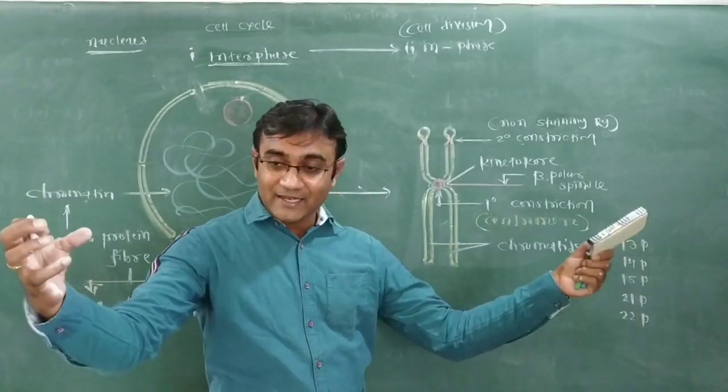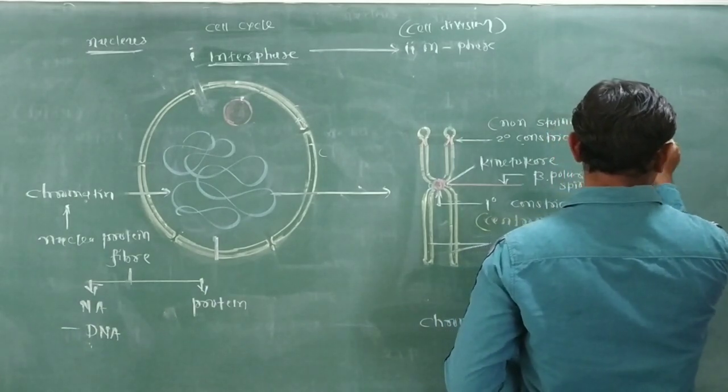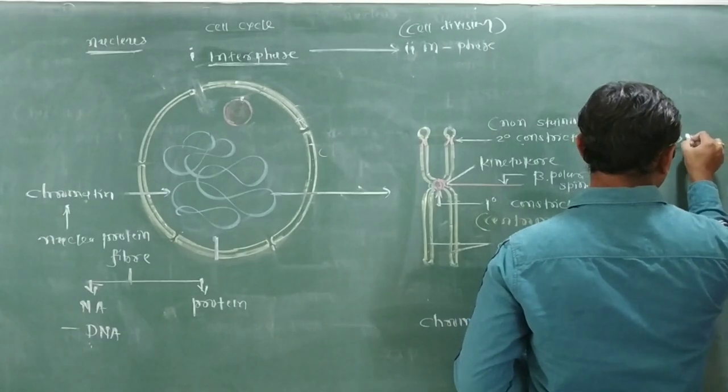The secondary constrictions of all these chromosomes gather and form the nucleolar organizer region, NOR.